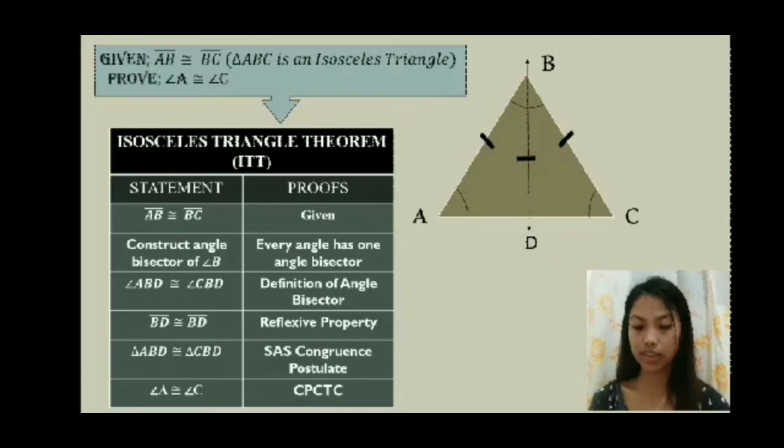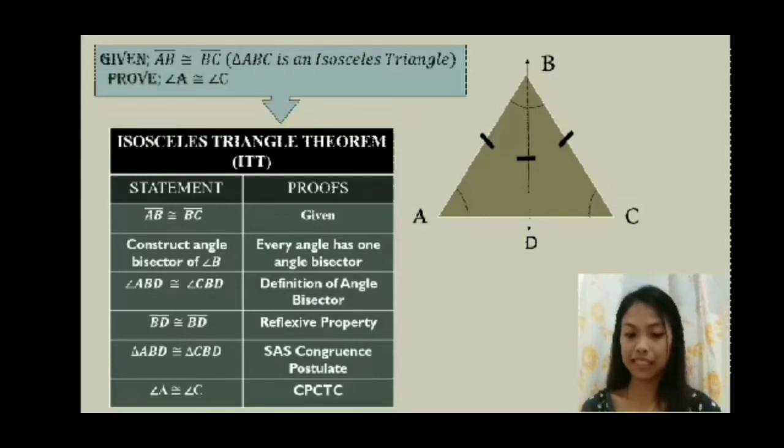So as you can see in the triangle, it has a line from angle B to point D, which is our angle bisector. We know that an angle bisector is a line or ray that divides an angle into two congruent angles. So our statement is construct the angle bisector of angle B, and the reason is every angle has one angle bisector.